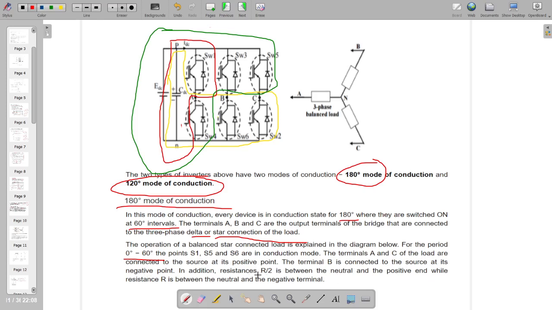In addition, the resistance R by 2 is between the neutral and the positive end, while R is between the neutral and the negative terminal.